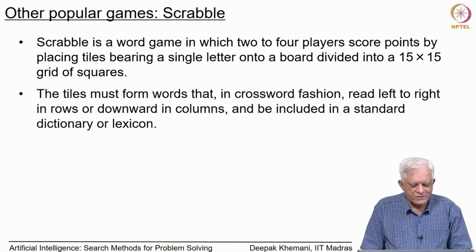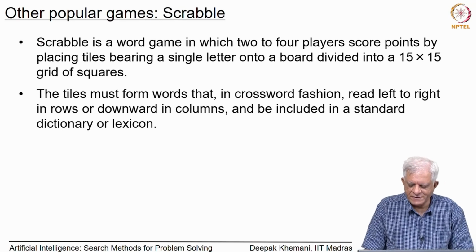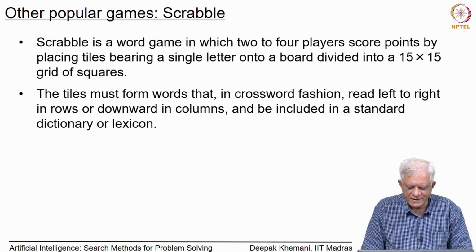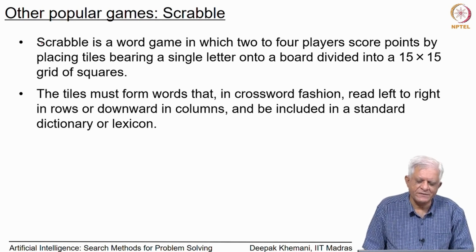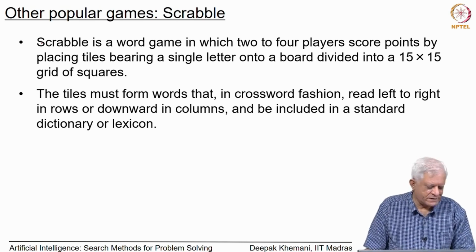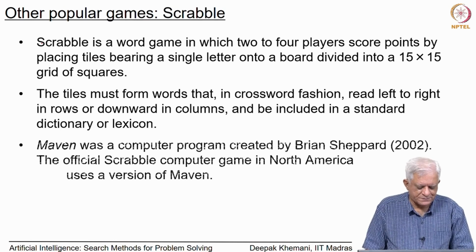The tiles must form words, as I said, in the crossword fashion, read either left to right or top to down, and must be included in a standard dictionary or lexicon. In fact, there are Scrabble dictionaries available now, which can help you solve disputes on whether a given combination of letters is an acceptable word or not.